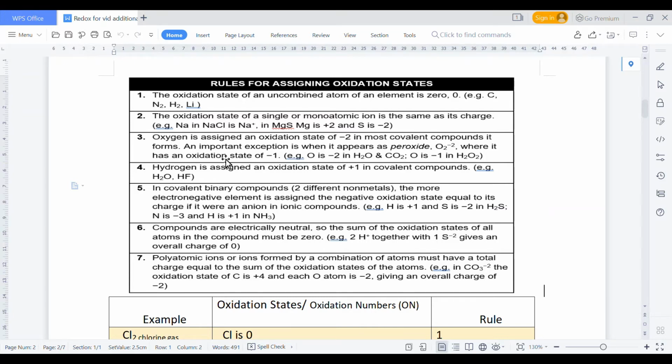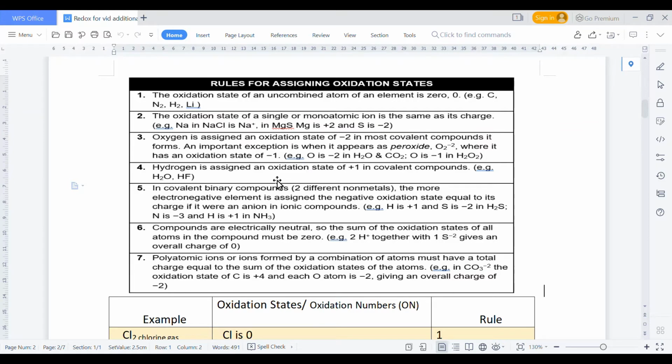So for example, sodium in sodium chloride is sodium plus 1, and in magnesium sulfide, magnesium is plus 2, and sulfur is minus 2. Number 3, oxygen is assigned an oxidation state of minus 2 in most covalent compounds it forms.